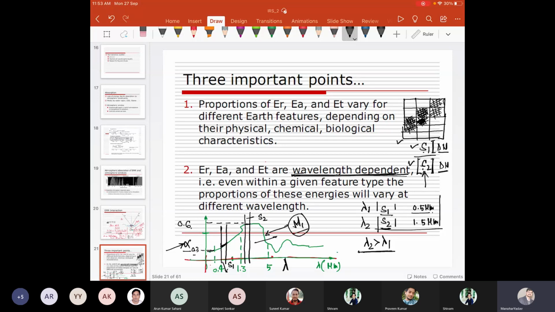In the same line, if you are changing the wavelength, it is an inherent property of the material. A person has inherent properties, a different shape and size, a different shape of the face, so a person is totally different from another person.